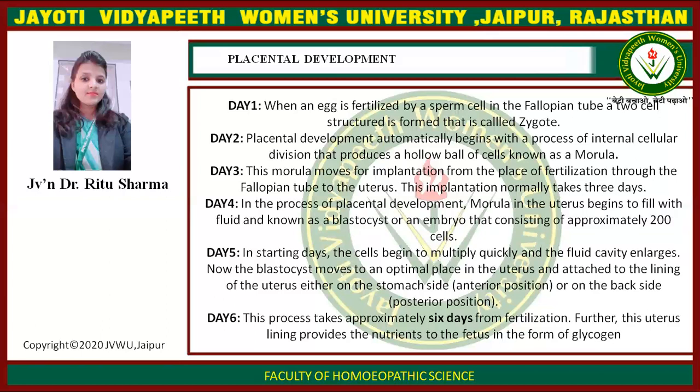Day 5. In the starting days, the cells begin to multiply quickly and the fluid cavity enlarges. Now the blastocyst moves to an optimal place in the uterus and attaches to the lining of the uterus, either on the stomach side, the anterior position, or the back, the posterior position.